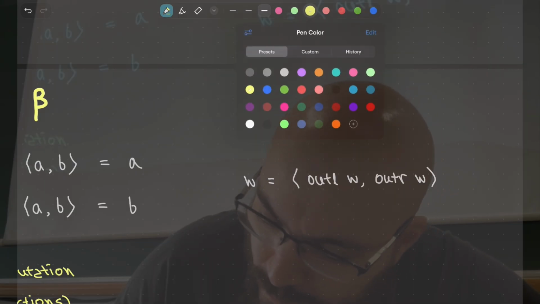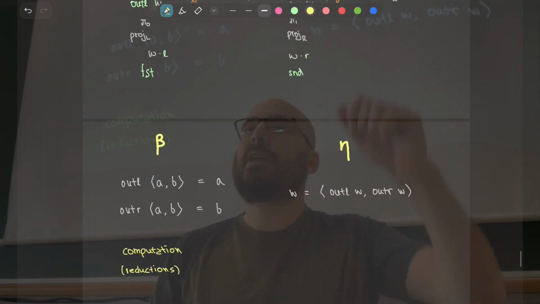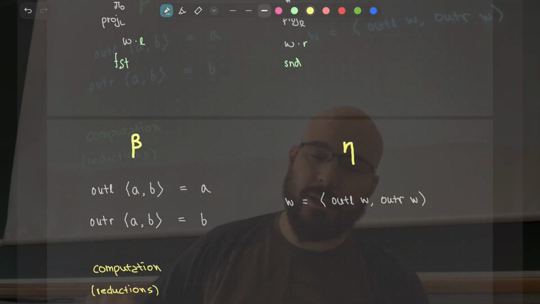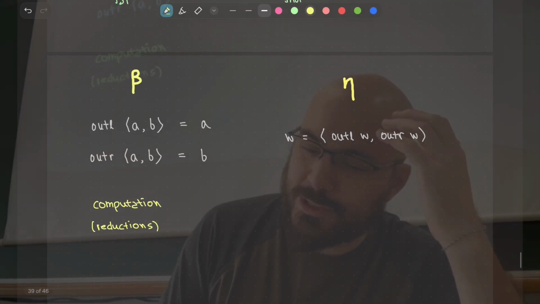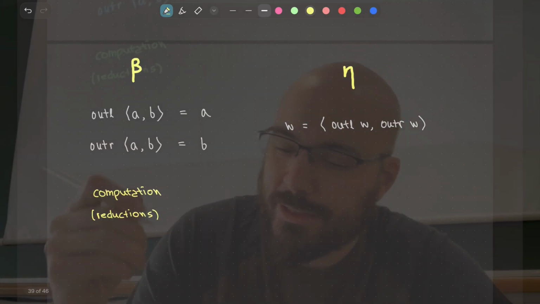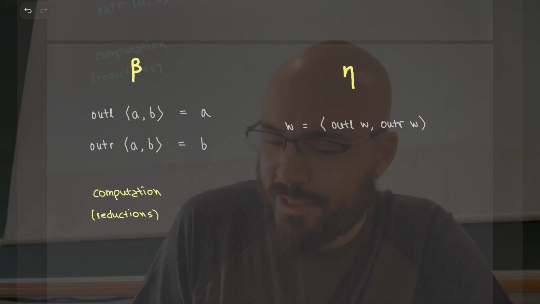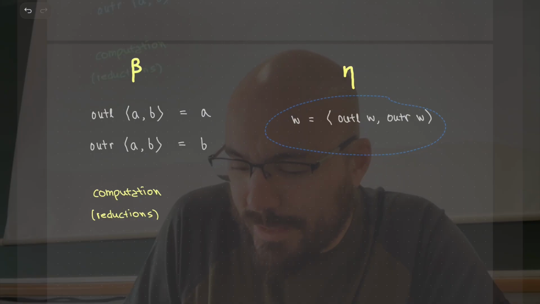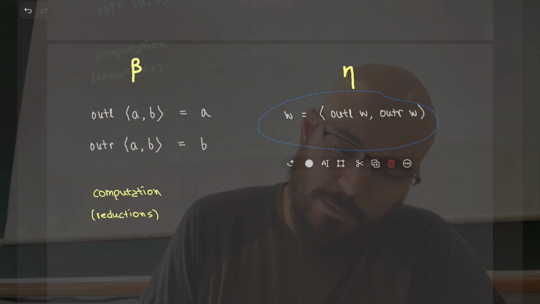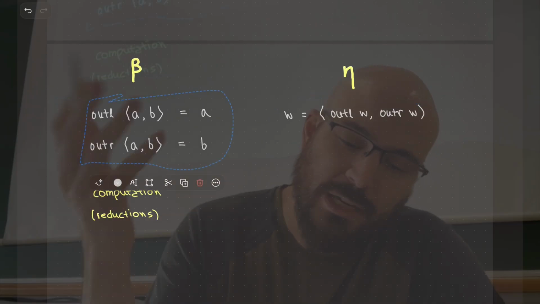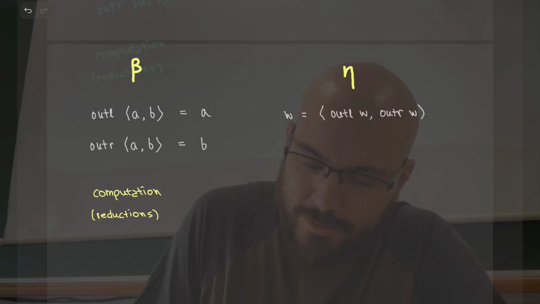And the only way to appreciate and start feeling that this is a beta thing and this is an eta thing is by seeing it again and again, and then we start to realize that they are things of a quite different nature. In a certain sense, maybe someone would say that this has the flavor of something we should be able to prove, while this maybe has the flavor of something we demand. We'll come back to this, it's not for today.